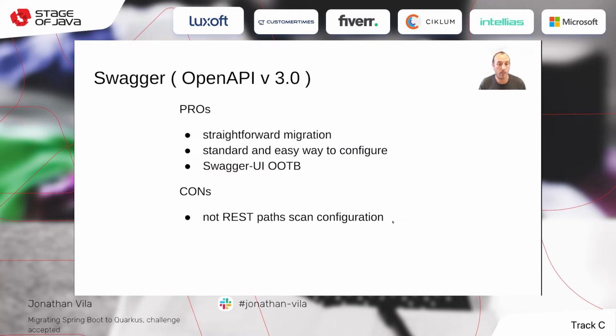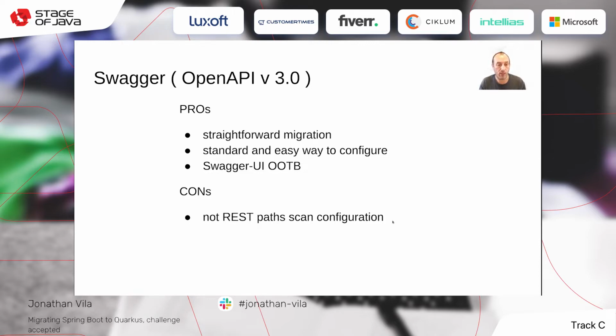There are not too many drawbacks, but there is no REST path scan configuration. So with Spring, you can simply specify which packages you want to include in the Swagger information.